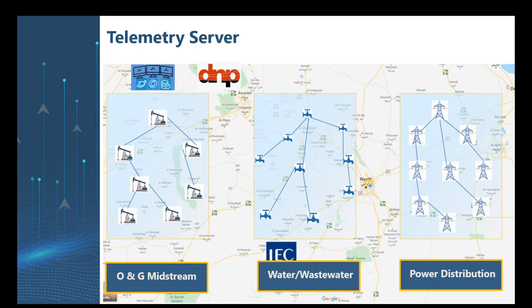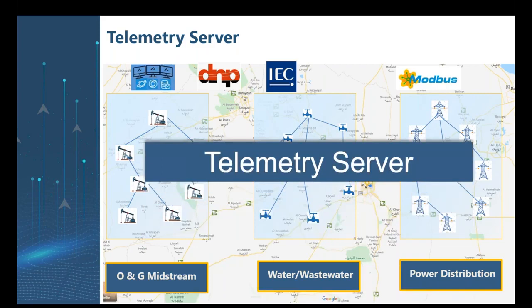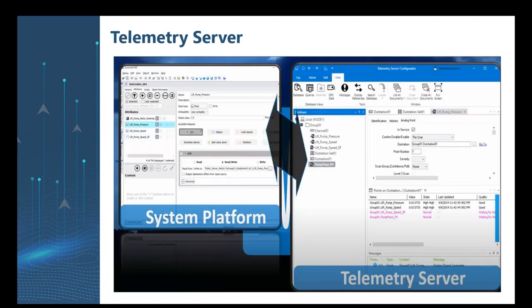So as we say, we have DNP3, IEC, and Modbus in my telemetry server. Also delivered as a separate software, the tight integration between the telemetry server and System Platform allows the user to leverage the rich portfolio of the software.